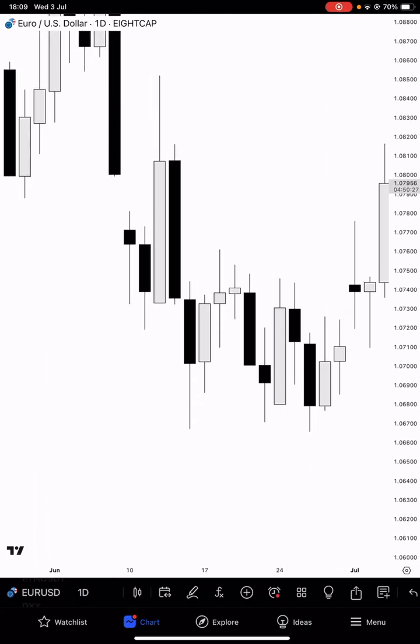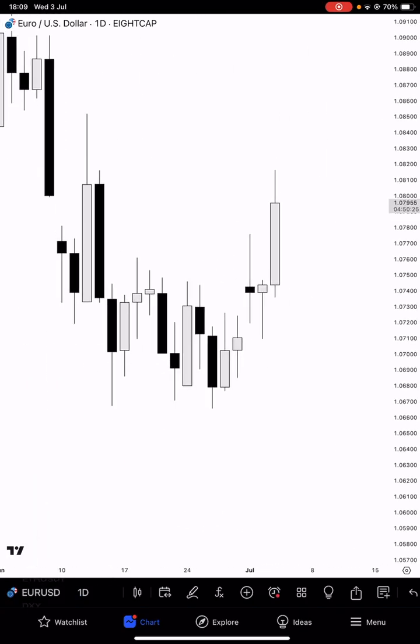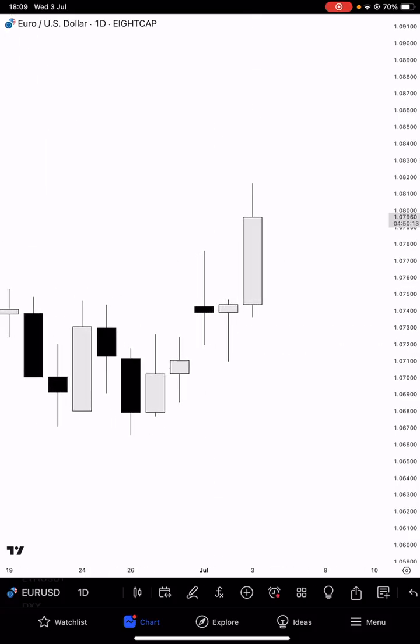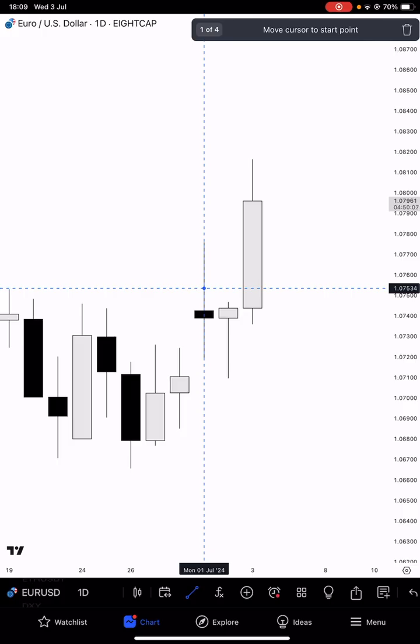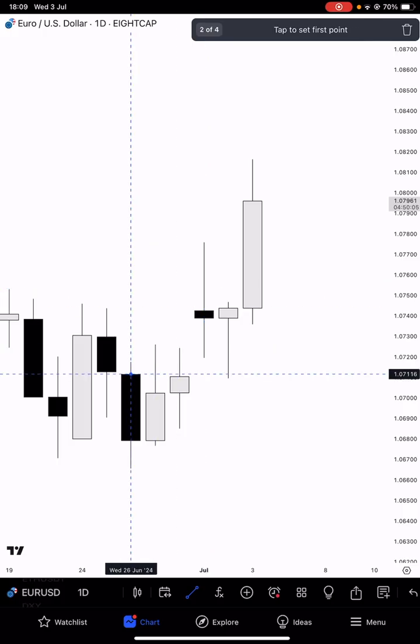We were coming off of a range, a clear range, choppy markets, and I didn't trade Monday, I didn't trade Tuesday, but I have a friend in chat who caught this beautiful trade. I missed it, but this is a true breakout of the range.